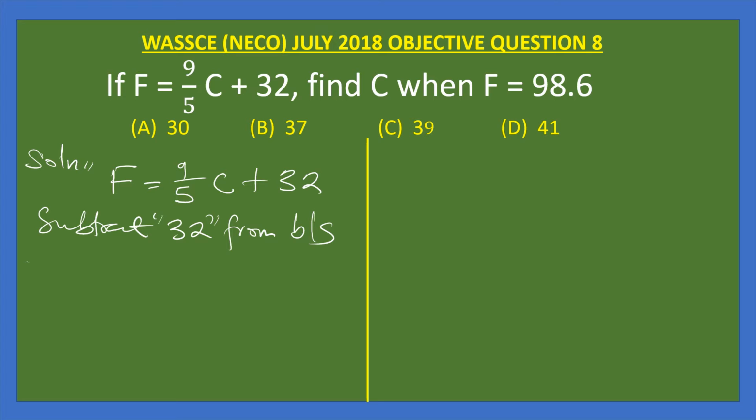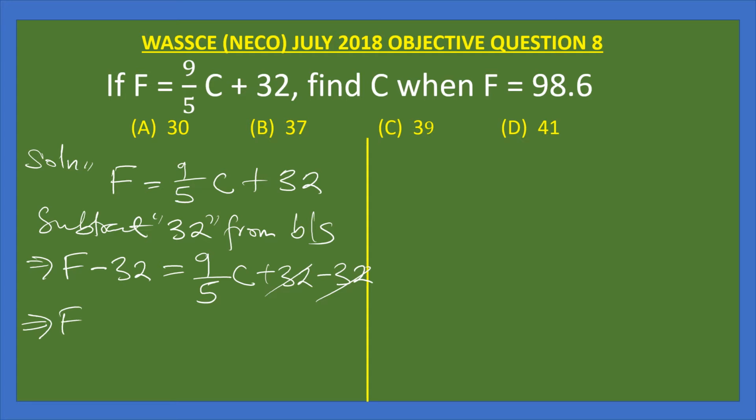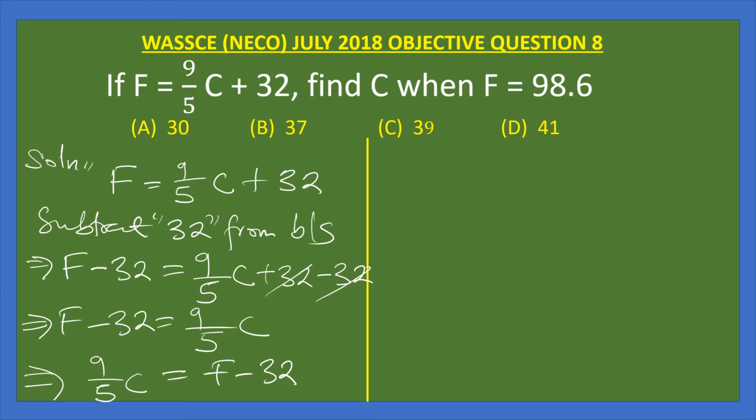This now becomes F minus 32 is equal to 9 over 5C plus 32 minus 32. So these two 32s will give way. We now have F minus 32 is equal to 9 over 5C. So we can rewrite this equation as 9 over 5C is equal to F minus 32, since we're asked to make C the subject of the formula.